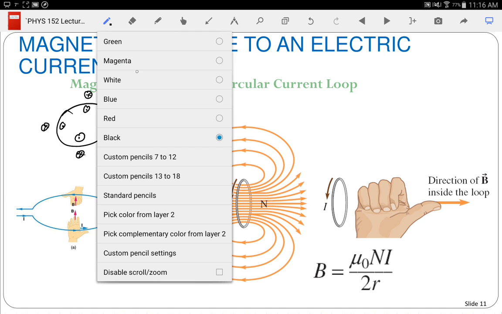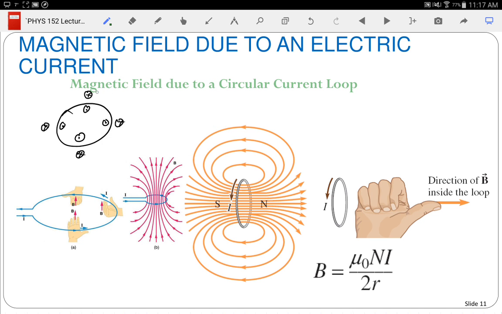On the outside, it's not so obvious. If I take this top one, the magnetic field on the outside due to the top one is like that. Because if the current's going like that on the top, my thumb's like this, the fingers wrap around, and my fingers are pointing out below.